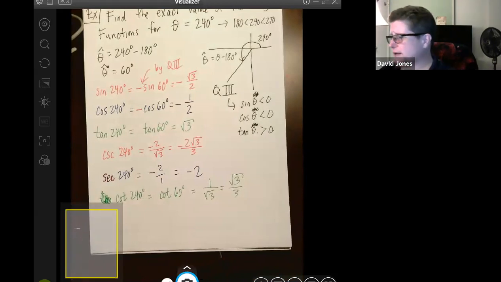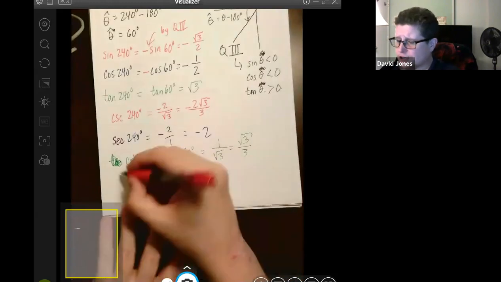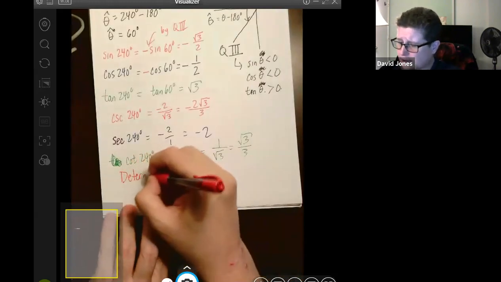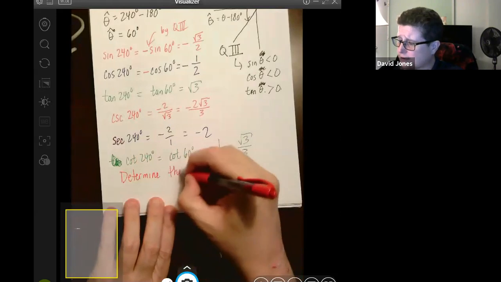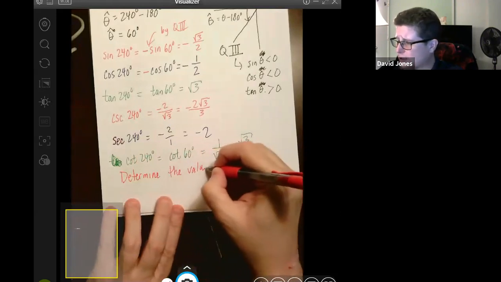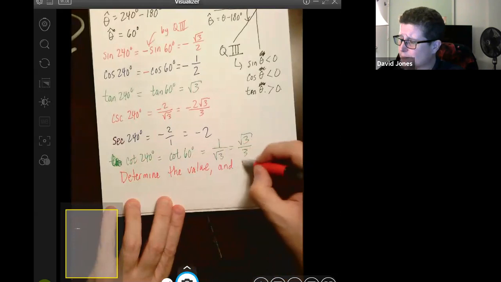What did we do here? Determine the value. And then determine sine based on quadrant.